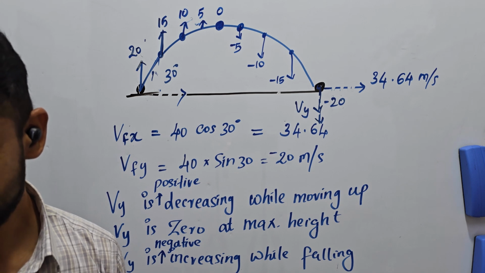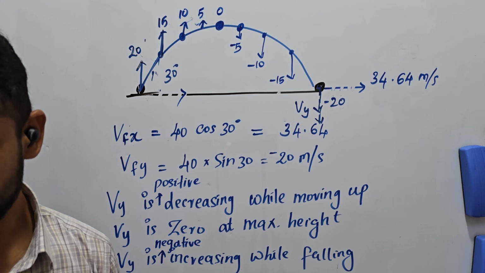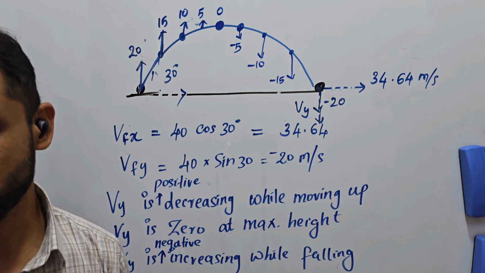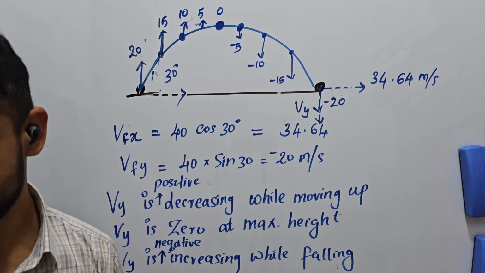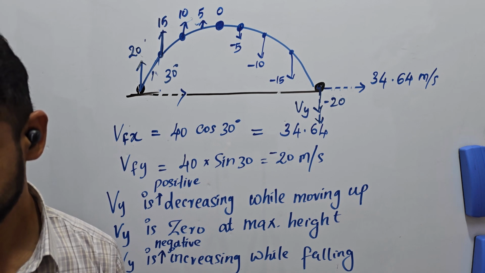Okay, students, there are two more questions. You can do those questions and I will explain these two questions in the next class, because I have to start class for grade 10.